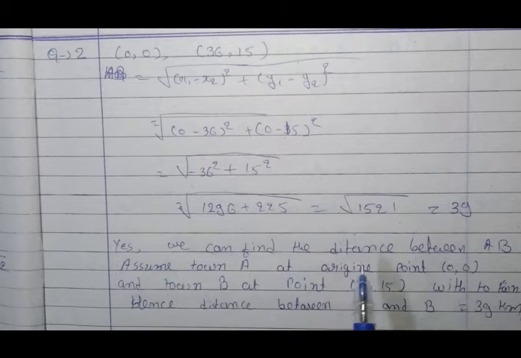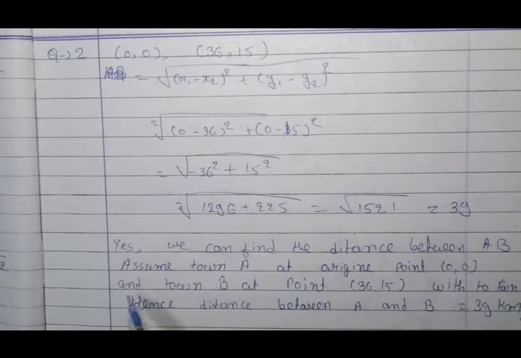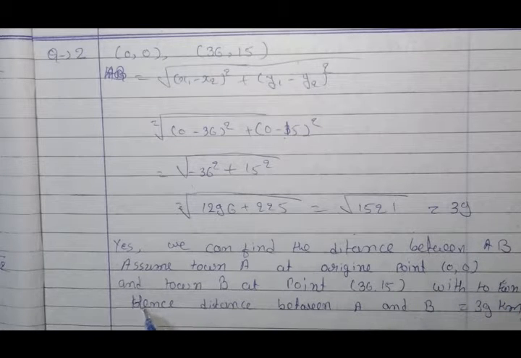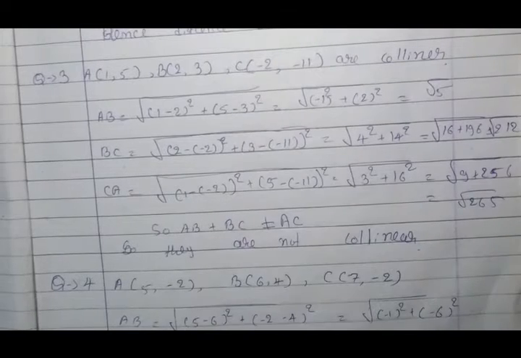So yes, we can find the distance between AB. Assume town A at the origin (0, 0) and town B at the point (36, 15). So the distance between A and B is 39 kilometers.